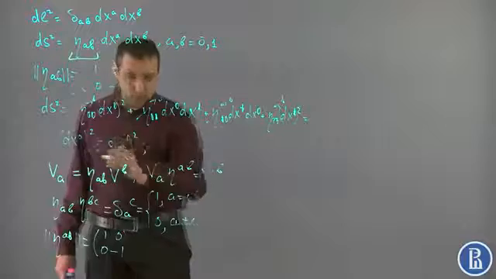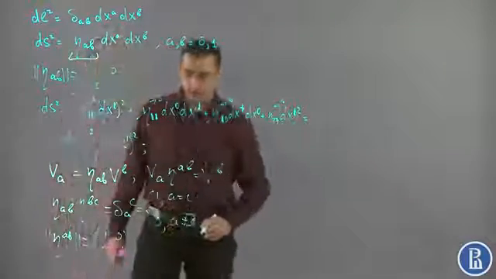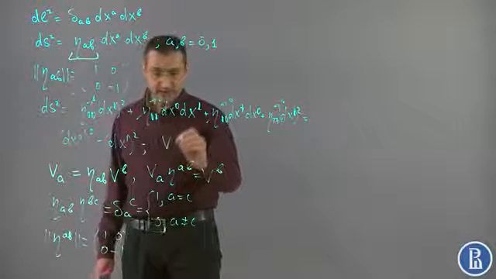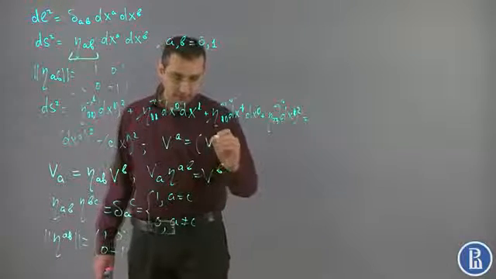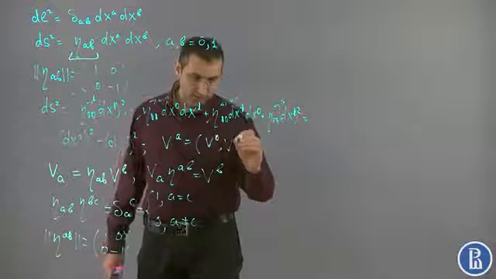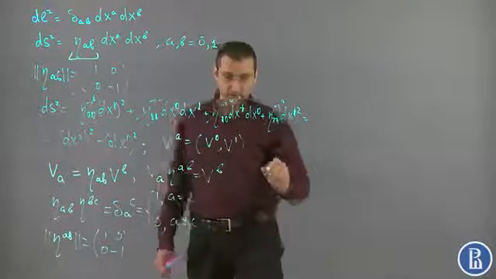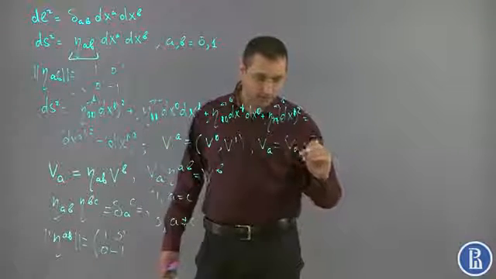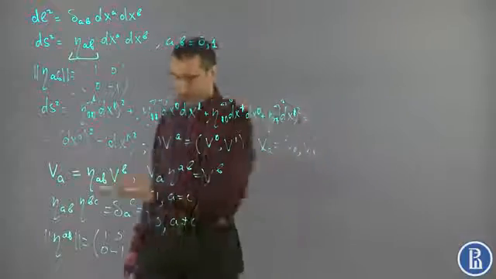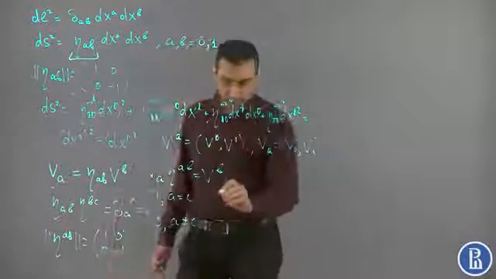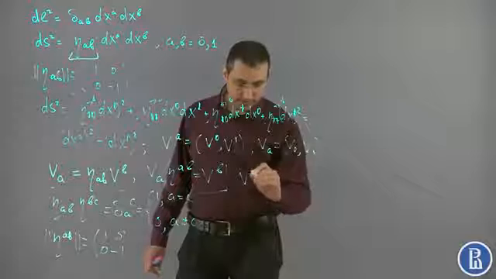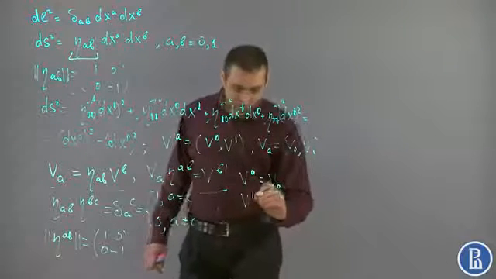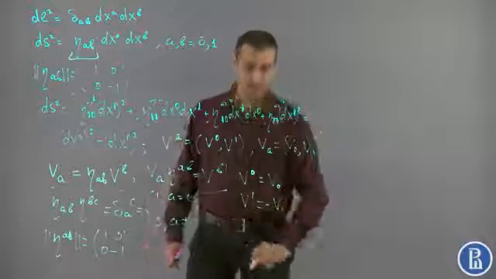But there is a crucial difference now. If V^A has the components V^0, V^1, and V_A with a lower index has these components, then using these relations one can straightforwardly see that V_0 is equal to V^0, while V_1 is equal to minus V^1.